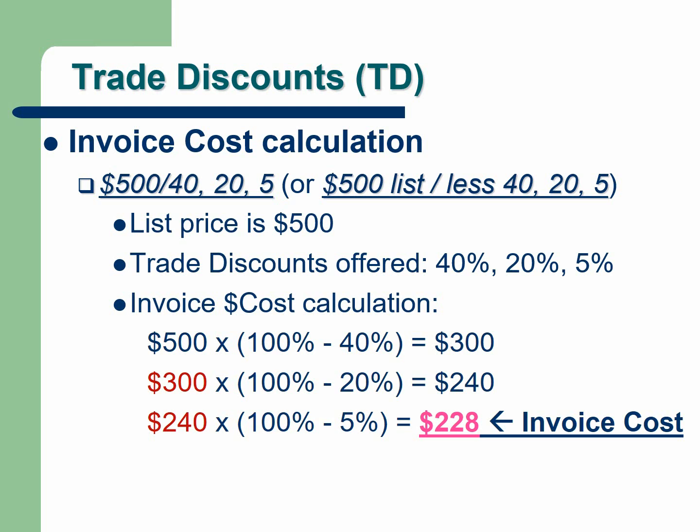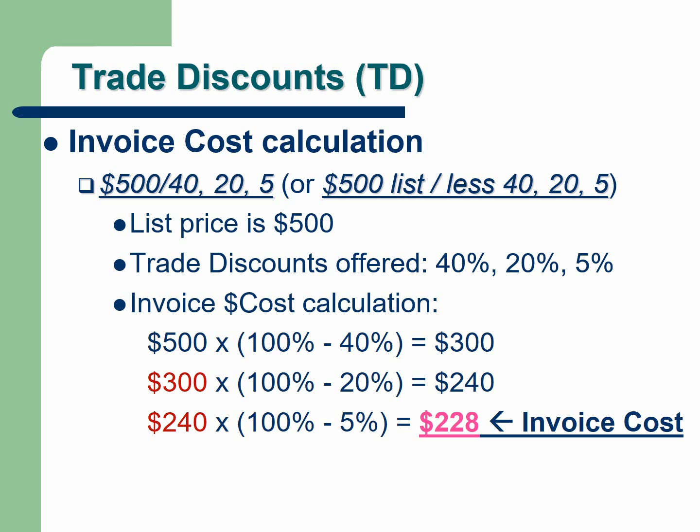To calculate the invoice cost, how much we have to pay, from the $500 list price, the first trade discount was 40%. So take off that 40% first: 500 times 100% minus 40%, which is $300. Basically, you subtract 40% of the $500 from $500. And from the $300, you take off the second trade discount, 20%.